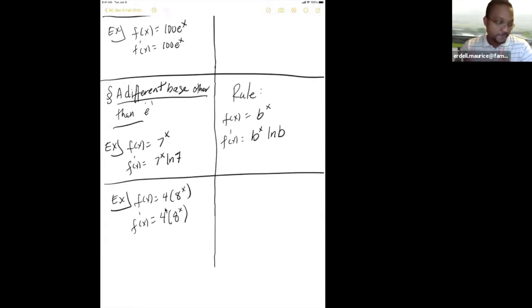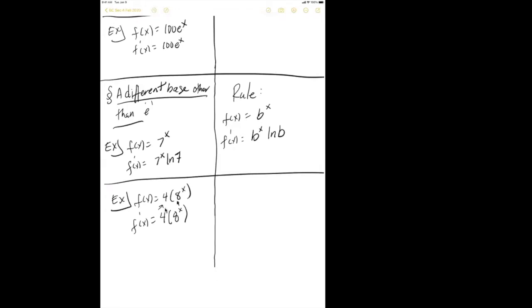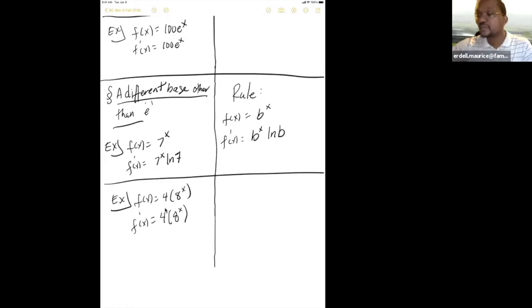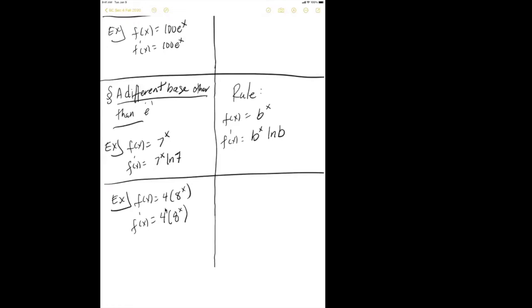It cannot be, because only e to the x returns the same derivative, correct? And so, which number is the base? Is the 4 the base or is the 8 the base? The base is what's being raised to the power. So the base is 8. We go ln 8.